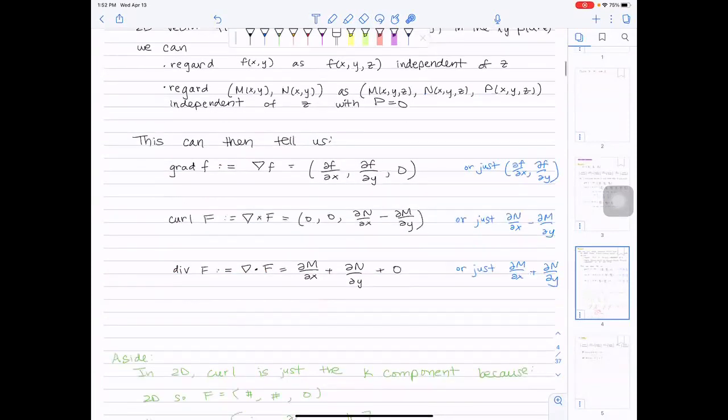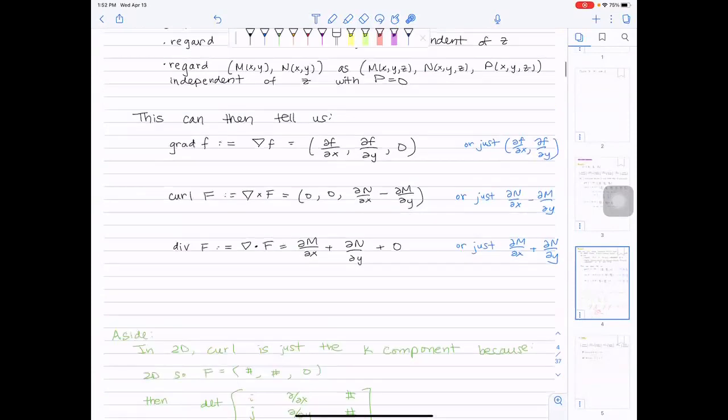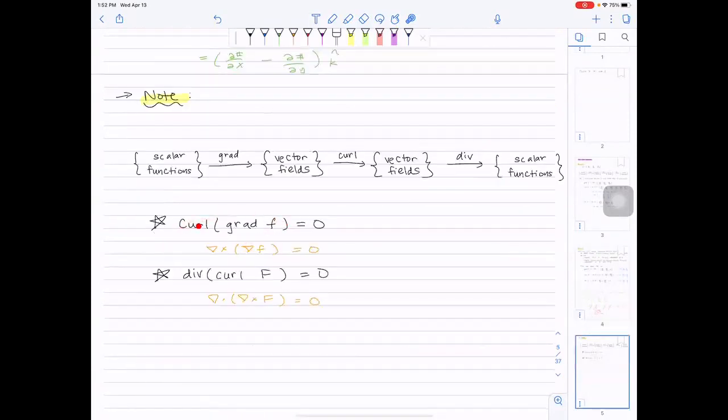Okay, and then we have some special notes. These are some special properties that we know: the curl of the gradient gives you 0, and the divergence of the curl will also always give you 0. Those are 2 properties.